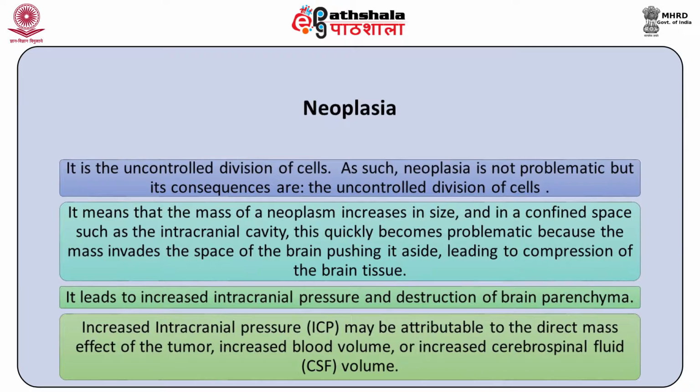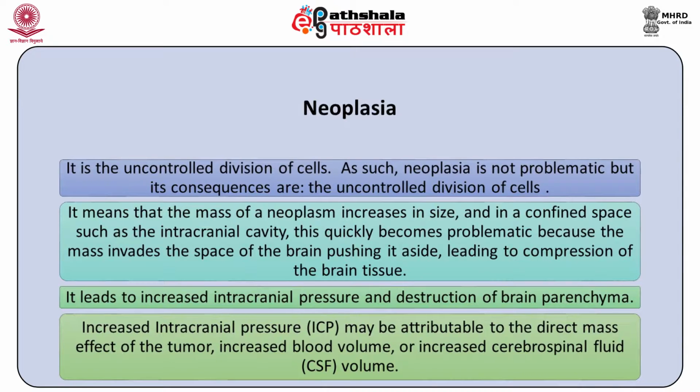Third, neoplasia. It is uncontrolled division of cells. As such, neoplasia is not problematic, but its consequences are. It means that the mass of neoplasm increases in size, and in a confined space such as the intracranial cavity this quickly becomes problematic because the mass invades the space of the brain, pushing it aside, leading to compression of the brain tissue.